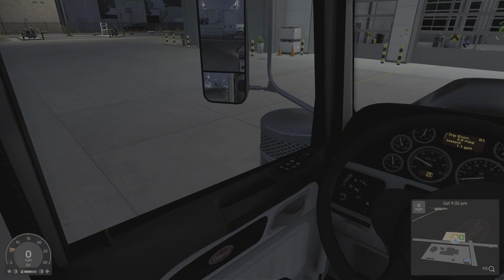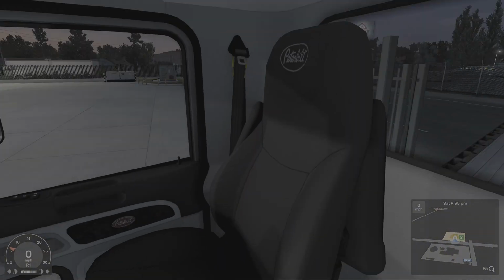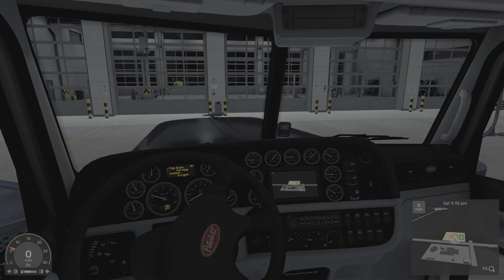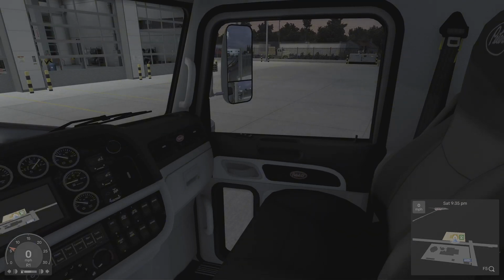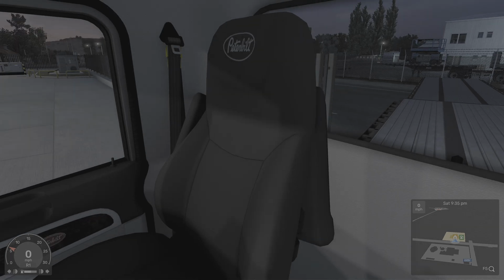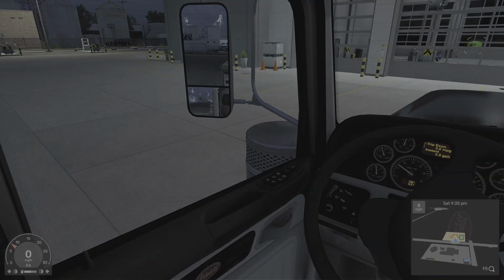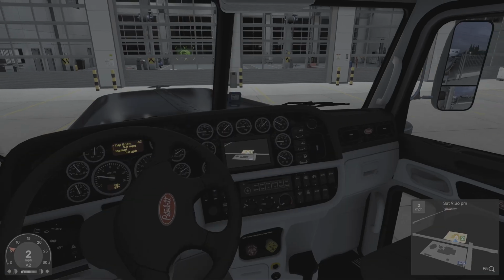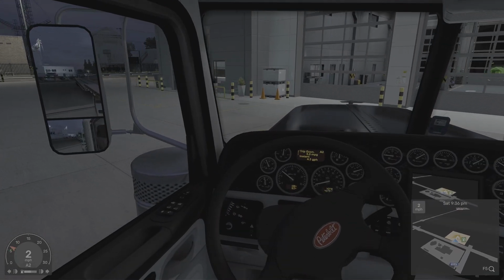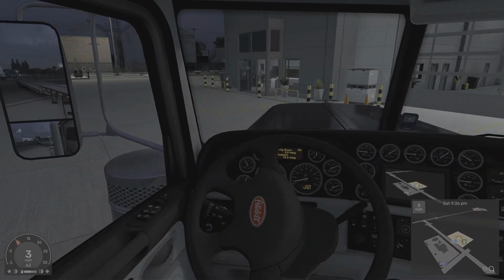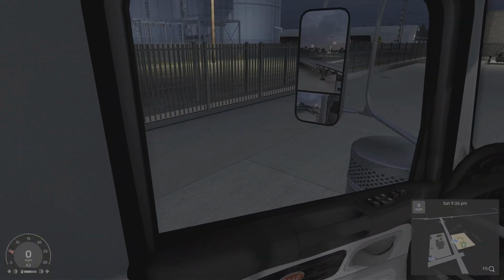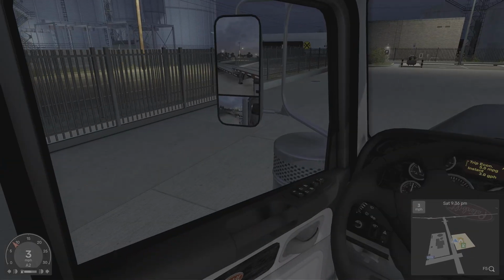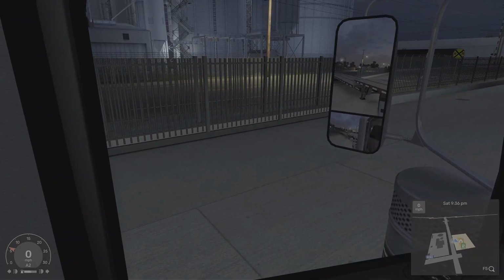Now my trailer is no longer in visual, but I can make a full U-turn right here. You notice I got no more room on this side. So that was a big turn. Go back to where it was. I think I was about right here, somewhere in the area.